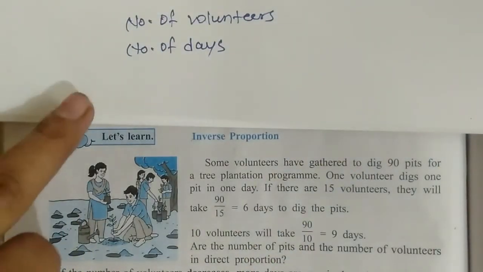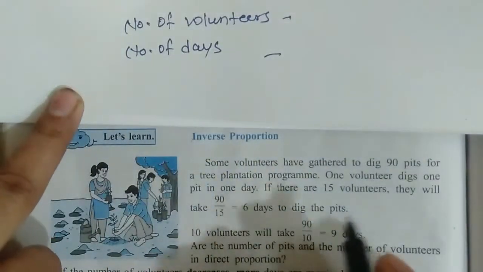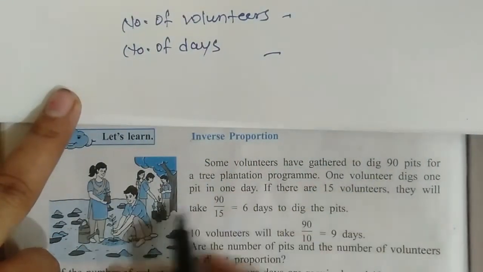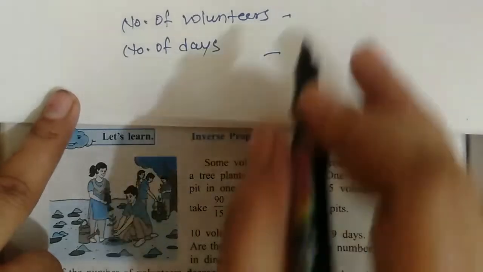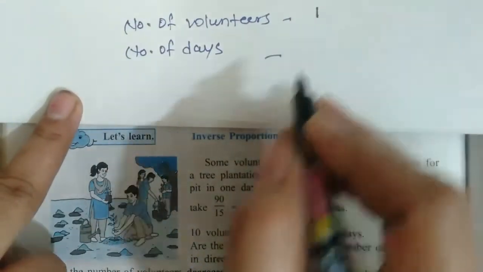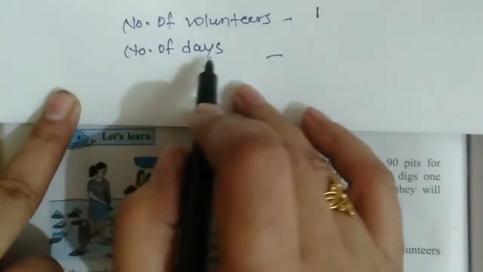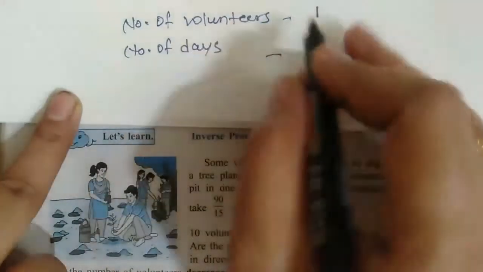Okay, so see, one volunteer digs one pit in one day. If the number of volunteers is 1, then how many days are required to dig the 90 pits?